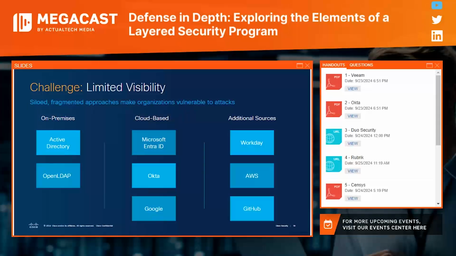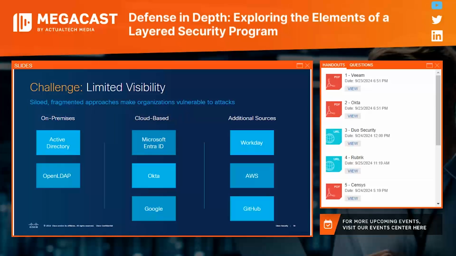directory. There are other data sources that are relevant to identity, things like Workday or HR systems, cloud directories that are associated with cloud infrastructure like AWS or Azure, and then developer credentials like in GitHub. The challenge for identity security is that we often don't have good visibility across all of these systems.